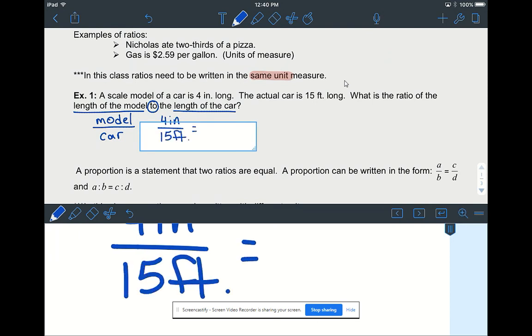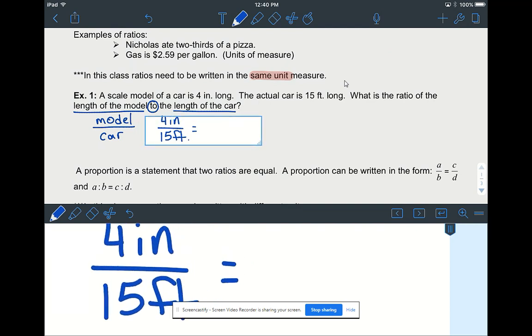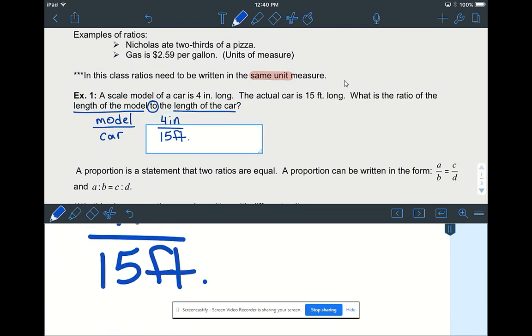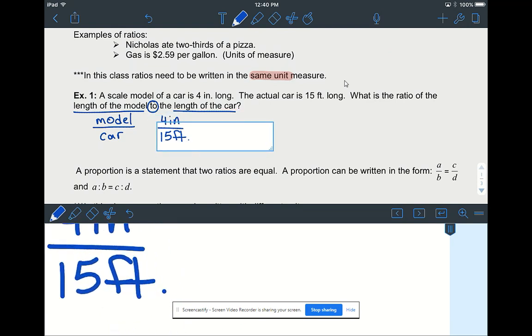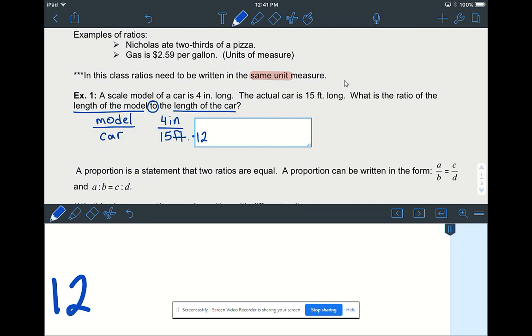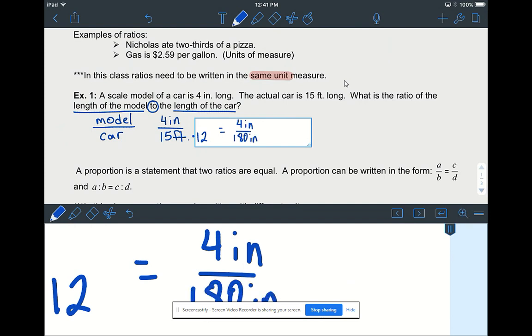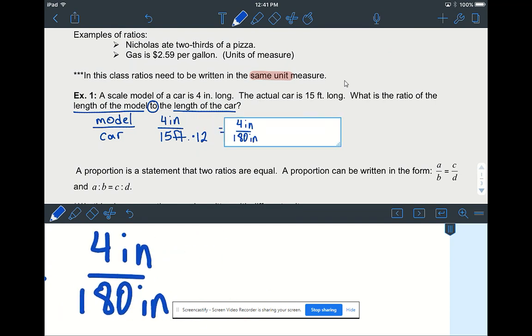Now, whenever we're in a ratio, we want to make these the same unit. So how would we make 4 inches and 15 feet the same unit? Hopefully you know that you should multiply the feet by 12 to get into inches. So that would give us 4 inches over 15 times 12, which is 180 inches. And then, of course, we need to reduce.